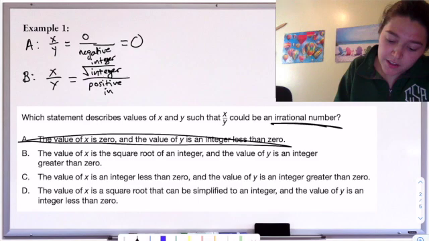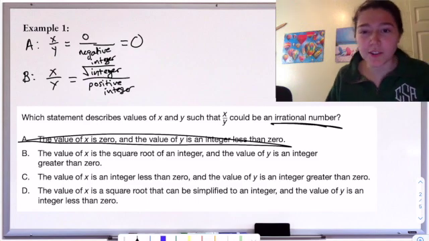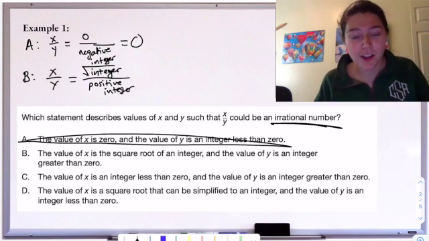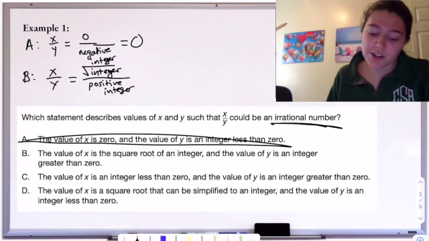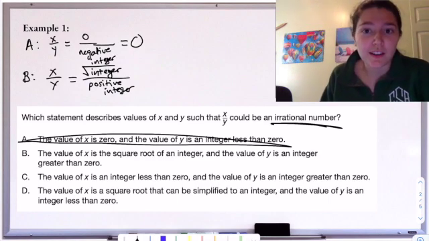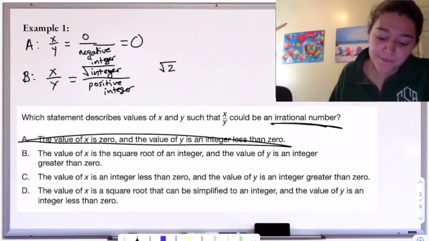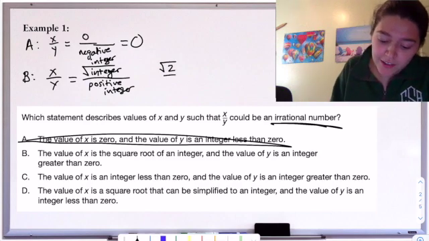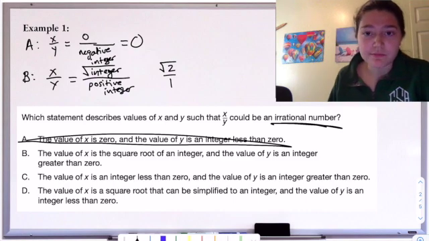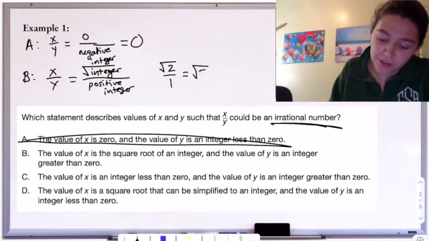Okay, so taking a look at this, I see my square root symbol. So that's promising, right? If we take the square root of some integers, we do get irrational numbers, right? Like, for example, the square root of 2 is irrational, and then we could just divide that by the number 1. That's just equal to the square root of 2.